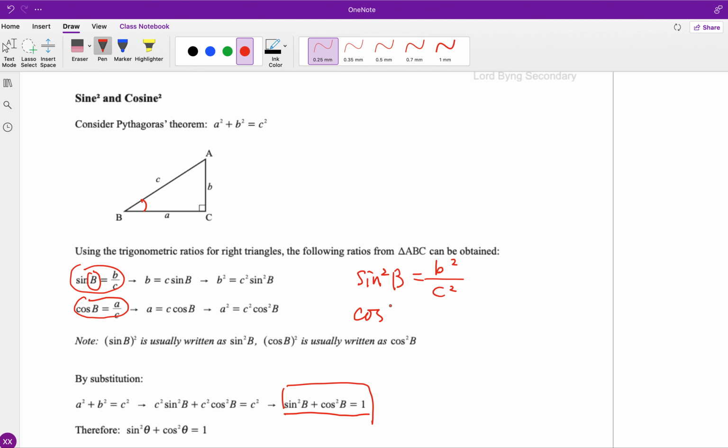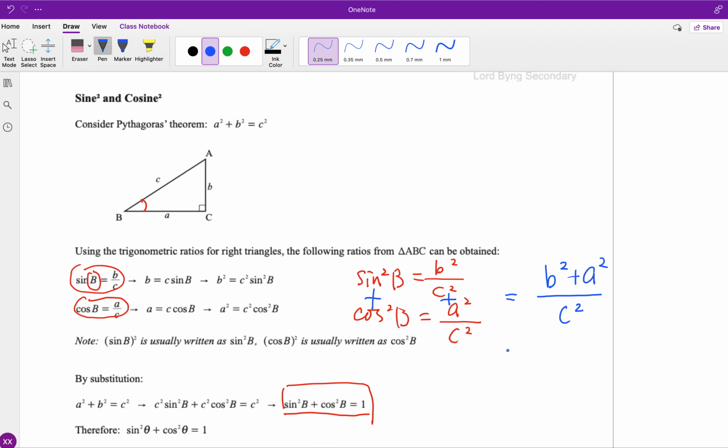Now if I add them together, sine square B plus cosine square B, that means I'm adding b square over c square to a square over c square. You can see this is a fraction, this is a fraction. What is the common denominator? Very thankfully, it's the same denominator, c square. And the top will be b square plus a square.